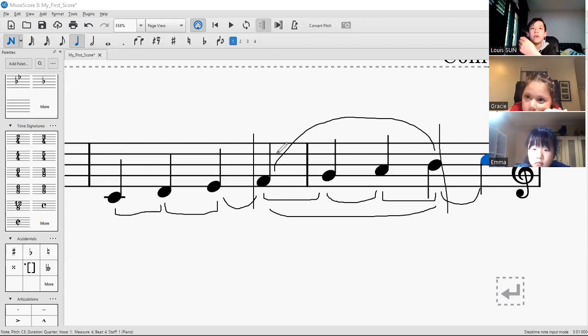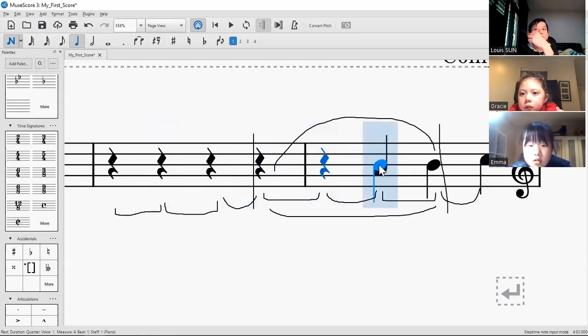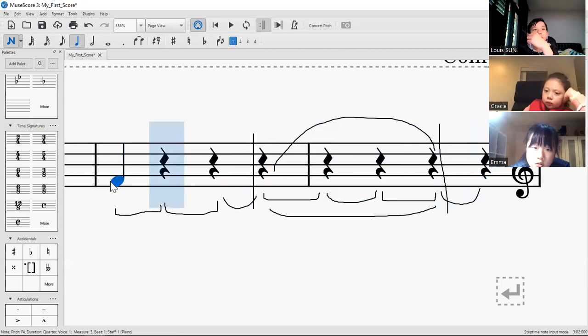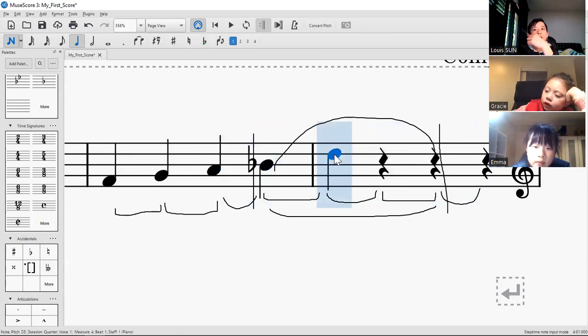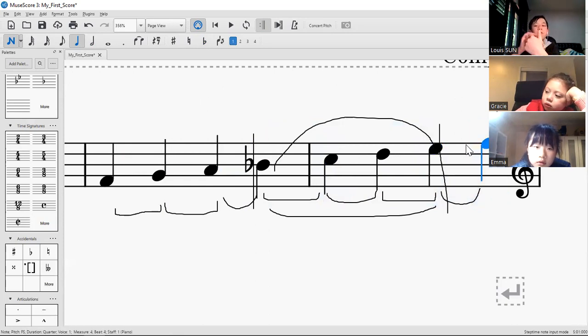So that means that for any major scale at all, let's take F major. There will be an augmented fourth, diminished fifth.